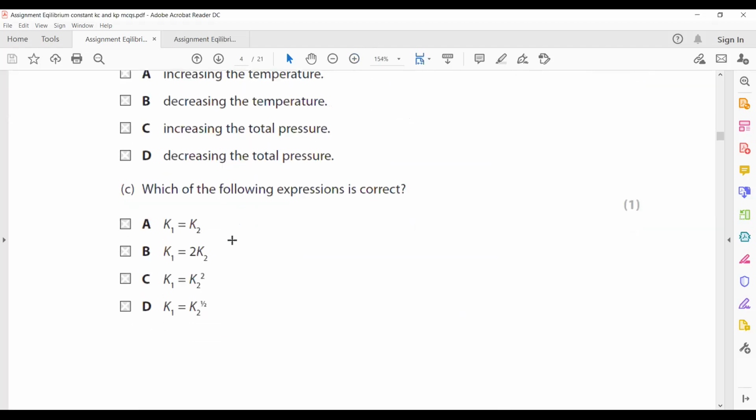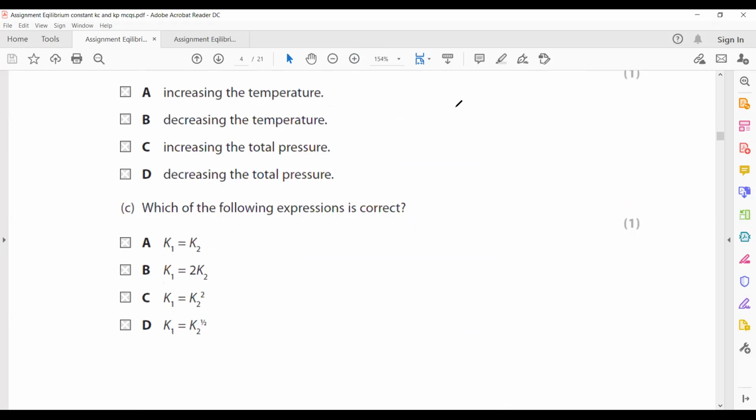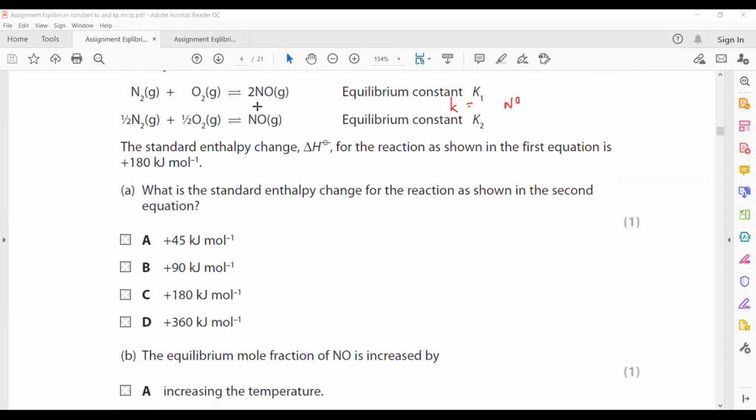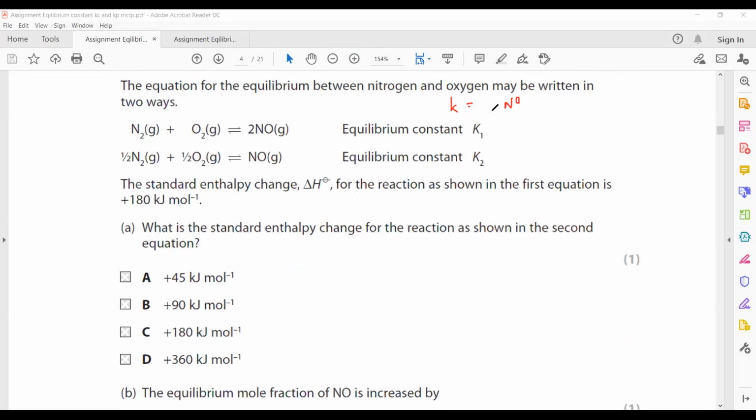The reason why it cannot be B is because when we wrote the expression, K1 is equal to NO square divided by N2 and divided by O2, and K2 was equal to NO divided by N2 raised to power half and O2 raised to power half.